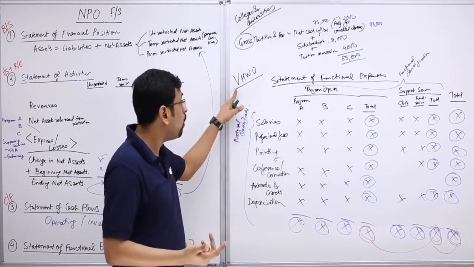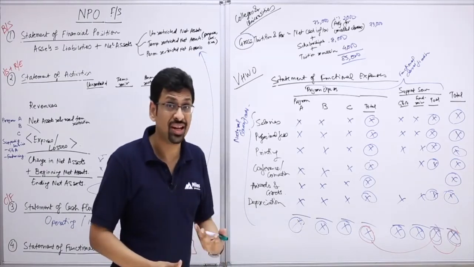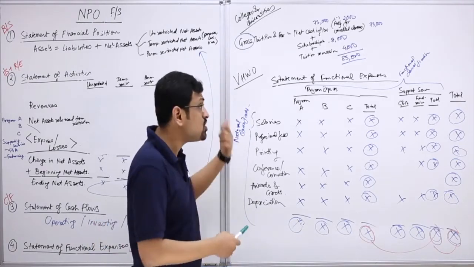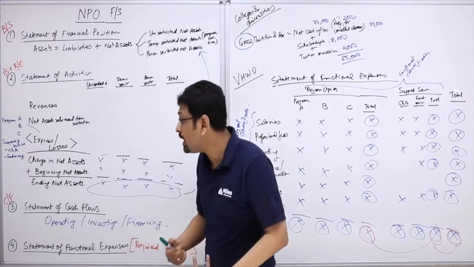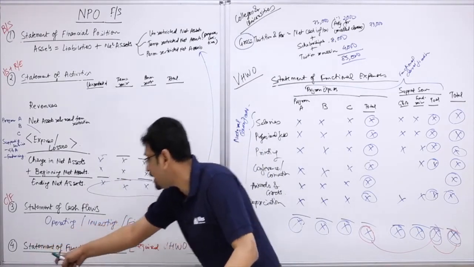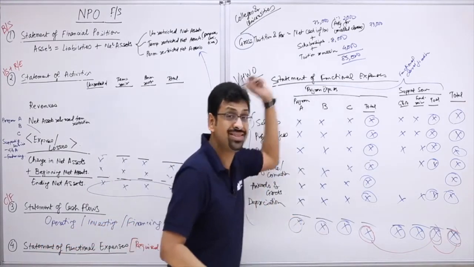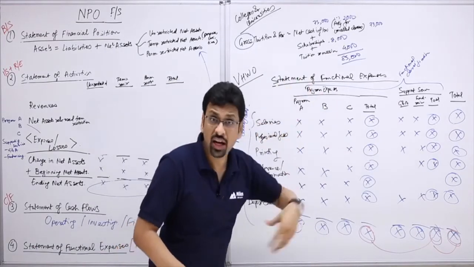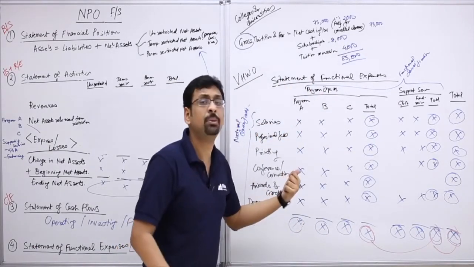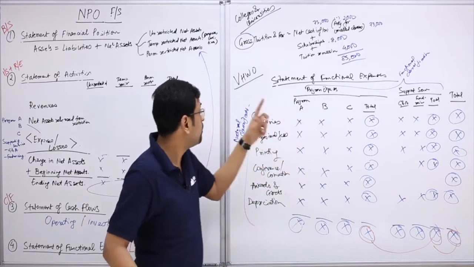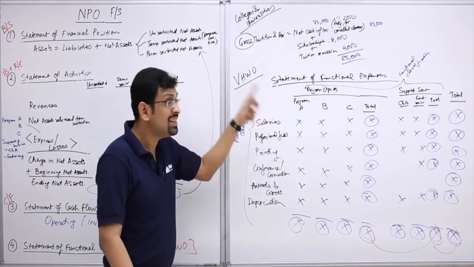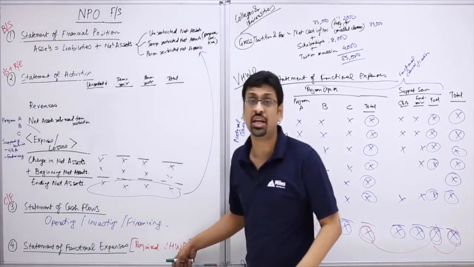When we talked about voluntary health and welfare organizations, we said for such organizations, we are required to separately present a statement of functional expenses, this statement out here. For other not-for-profit organizations, this can be presented as a disclosure. But for voluntary health and welfare organizations, this is a separate financial statement required.